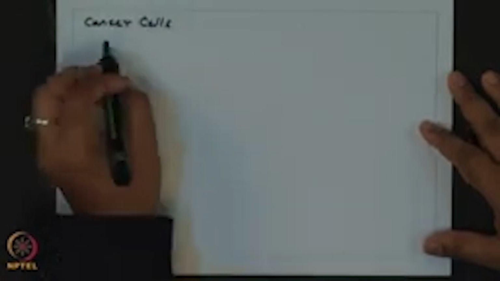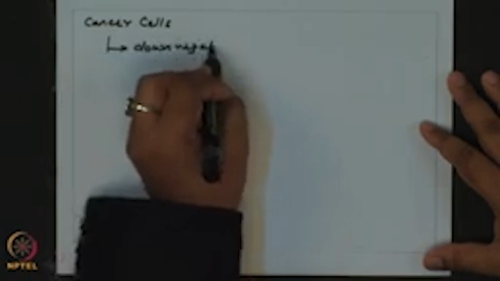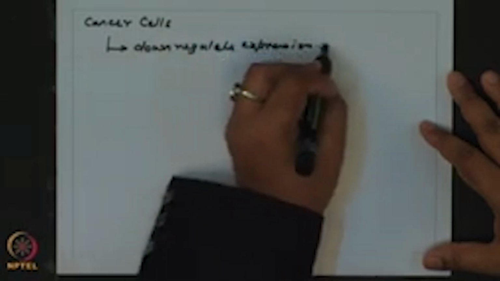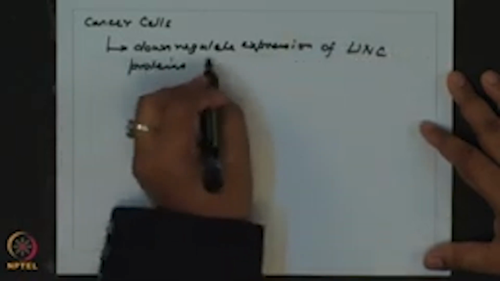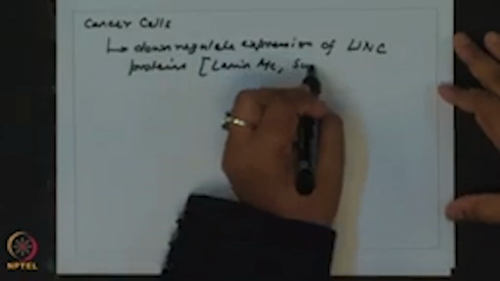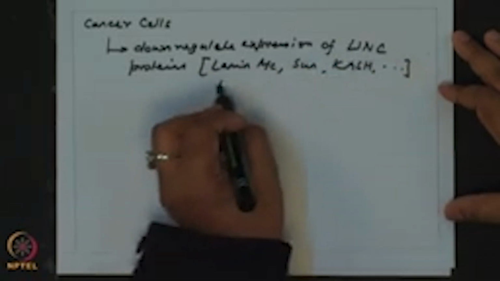So, how will cancer cells migrate? What has been observed is that cancer cells downregulate expression of link proteins, including lamin AC, SUN proteins, KASH proteins, nesprins and so on.